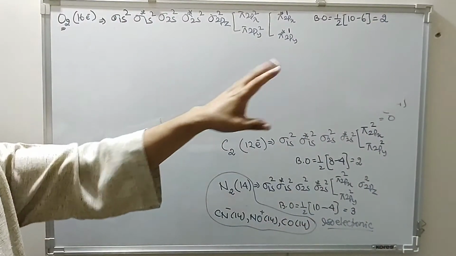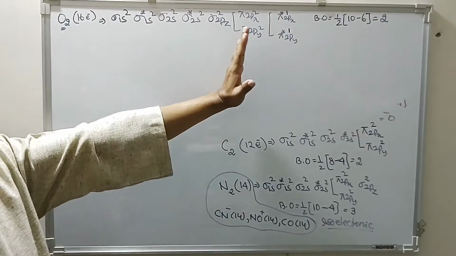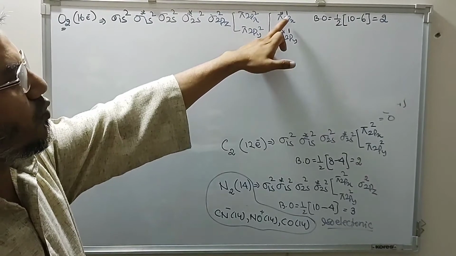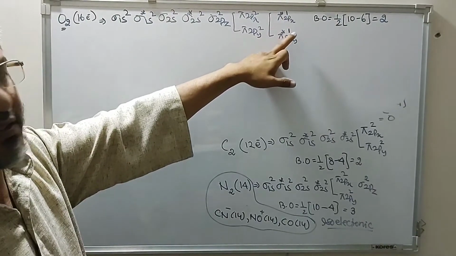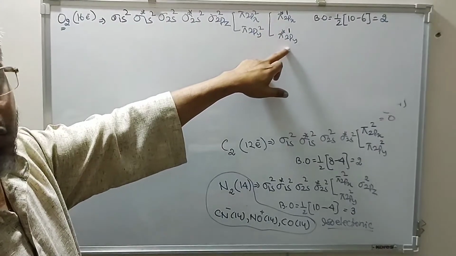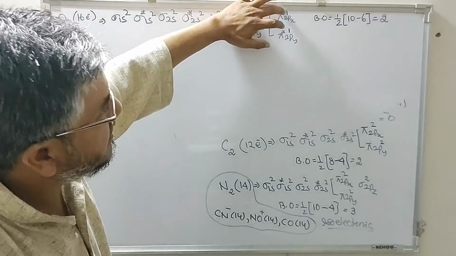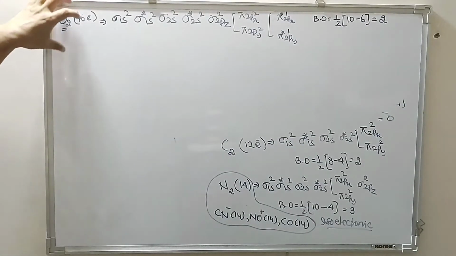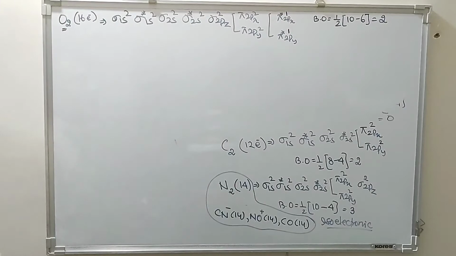Now this is the bond order. If you look at this electronic configuration, pi star contains 2 unpaired electrons. One electron is present in pi star 2px and one in pi star 2py. Due to the presence of these two unpaired electrons, molecular oxygen is paramagnetic.